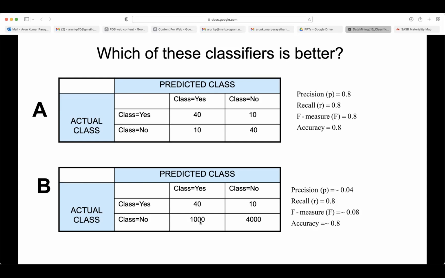But if they cannot stop the fraud, whoever is cheated also loses money, and sometimes insurance companies will come, they need to pay, so they get huge losses. So all those things will happen. So for them, it may be important, even if you trouble 1,000 out of 5,000, catching these 40 people. The damage is very high.